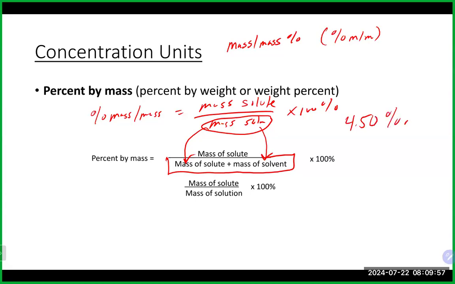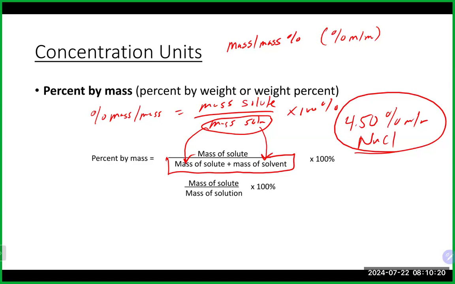4.5% by mass sodium chloride solution, a lot of times if you're given the percentage by mass, it's easier to use it in a calculation by turning it into a conversion factor. Since it is a percentage, like most times we're dealing with percentages, 100 is what we assume.